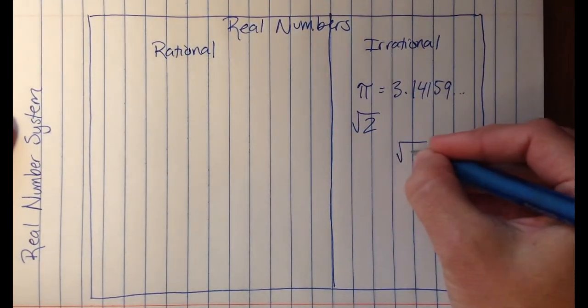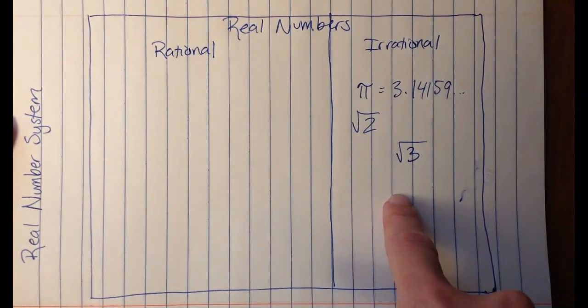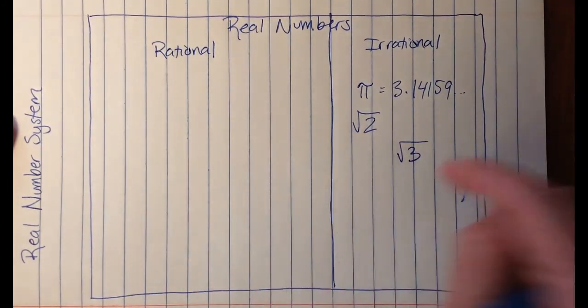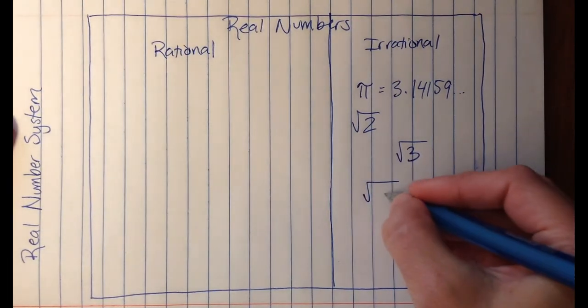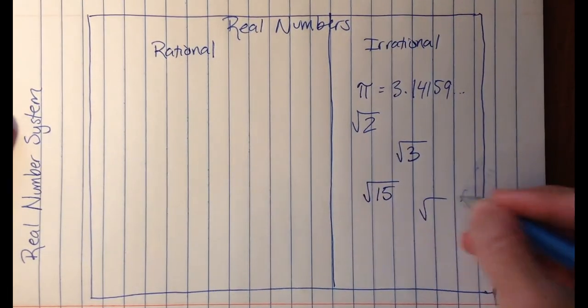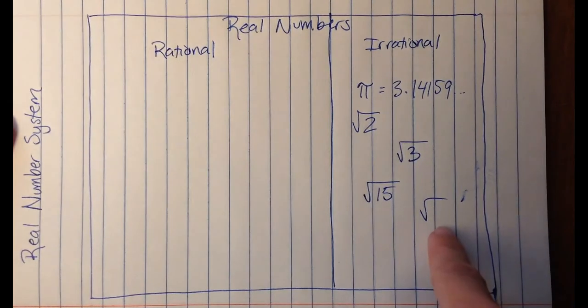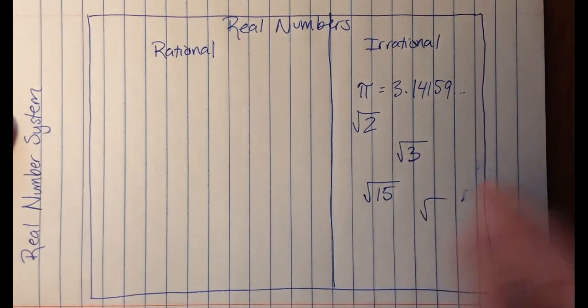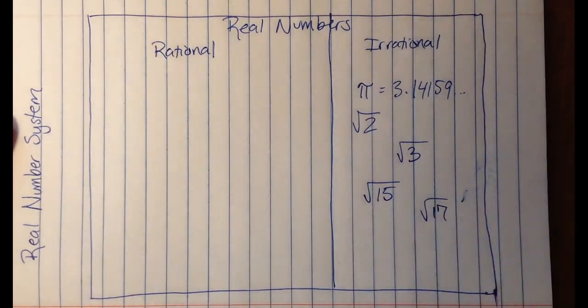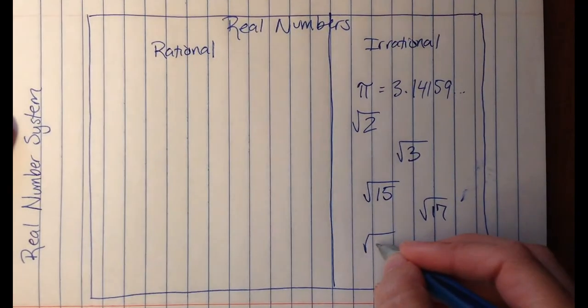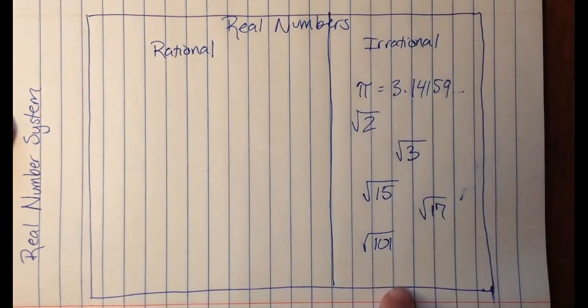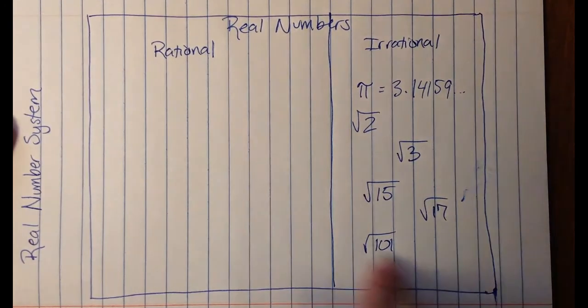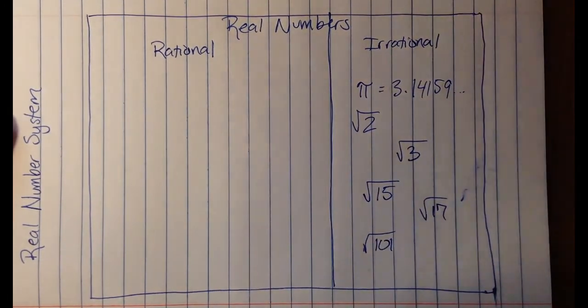So also like the square root of 3. Not the square root of 4, because the square root of 4 is 2, and it would be a counting number. But any square root that is not a perfect square number. Like 16 would not be an irrational number, but 17 would, and 15 would. Also the square root of 101. Not the square root of 100, because that's 10, but any non-perfect square is going to be irrational.